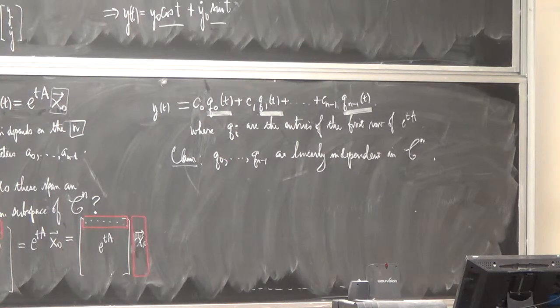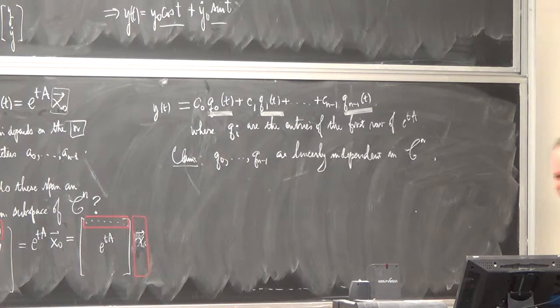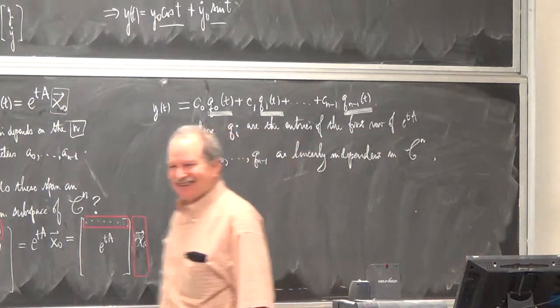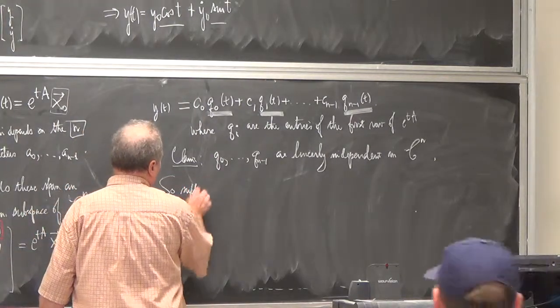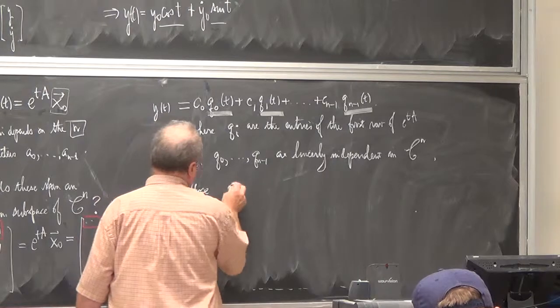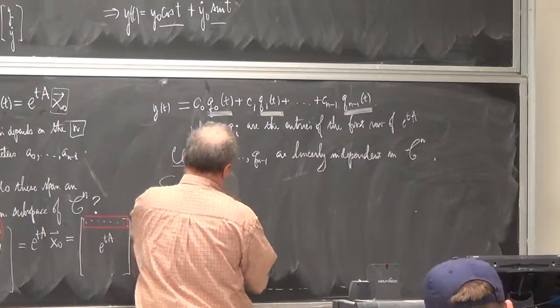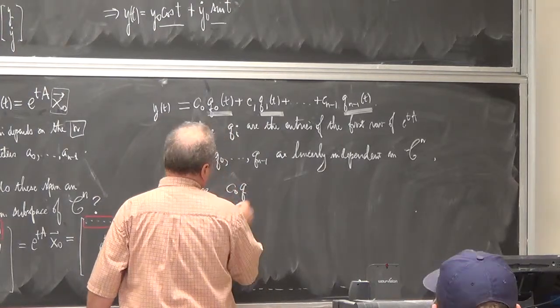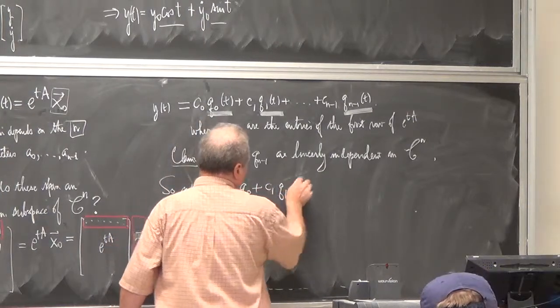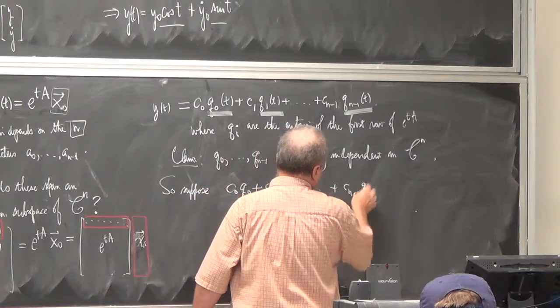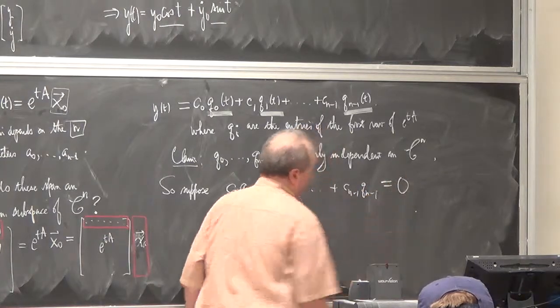Gabe's falling asleep. All the C's will be 0. Why? Suppose you have constants C naught through Cn minus 1 so that these added up to the 0 function.